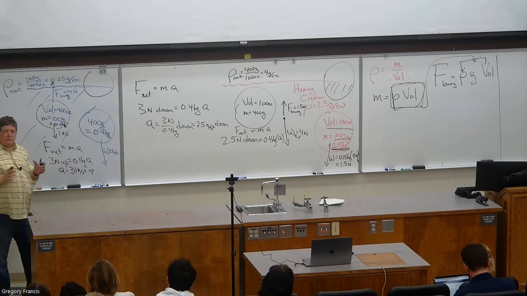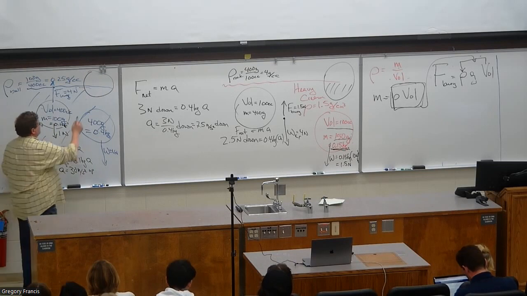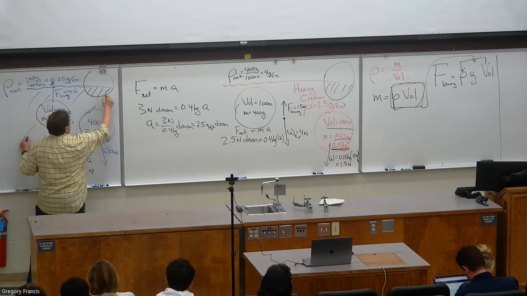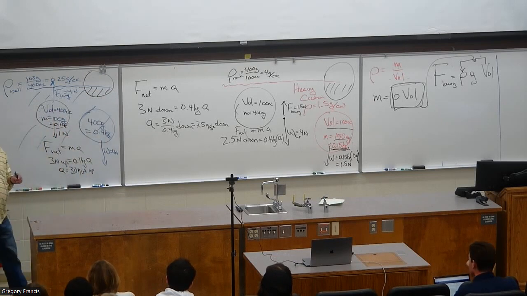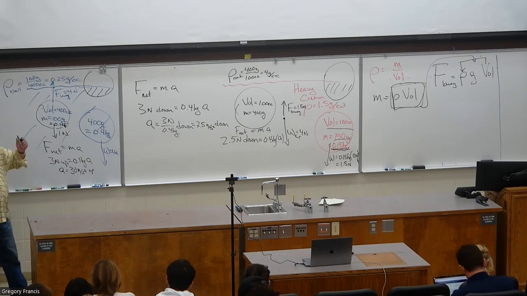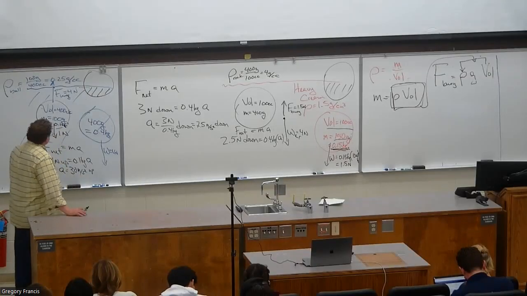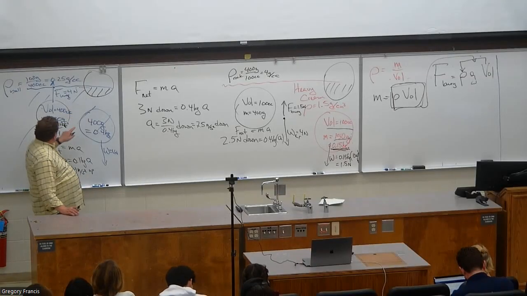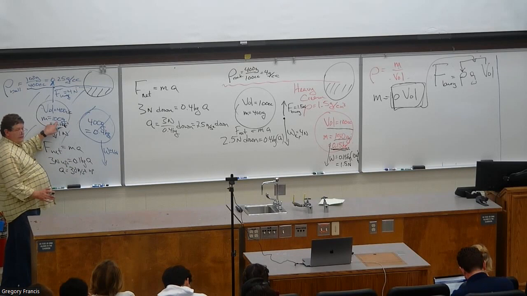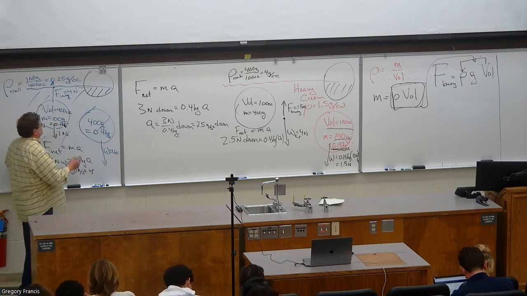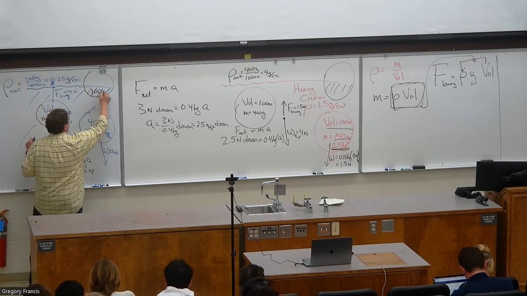And it's going to float such that it displaces an amount of water equal to its own weight. When something floats, it tells you about the weight of the object. Always remember that example from class: a 10-ton ship has to displace 10 tons of fluid in order to float. Now, that means that it's going to displace 100 grams of water. Well, 100 grams of water is 100 cc's.